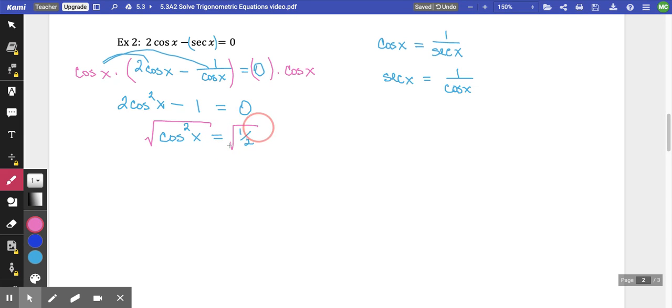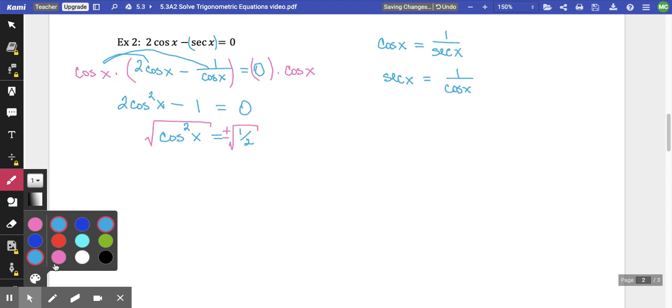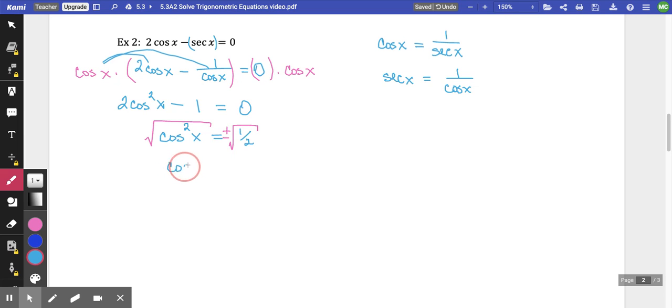Now, whenever you take the square root of both sides of an equation, you have to remember to use a plus or minus sign. So the square root of a square would give me just cosine of x. And on the right, I have plus or minus, and I need the square root of 1/2. And when you square root a fraction, you have to square root the numerator and the denominator separately.